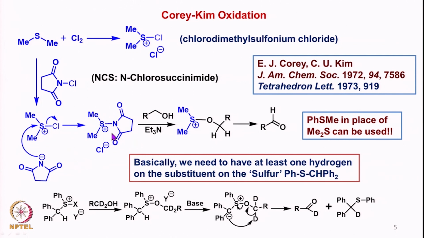To this sulfonium ion intermediate, which is chlorodimethyl sulfonium chloride, the alcohol attacks, and then this particular intermediate is formed, the kind of intermediate that we have seen in earlier oxidations.